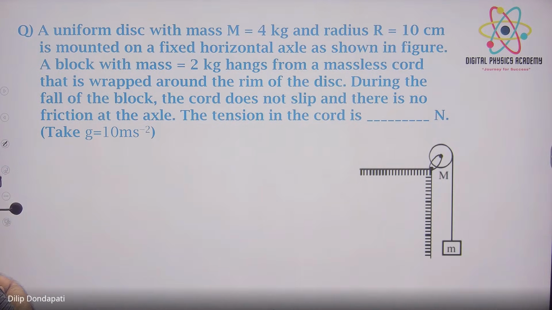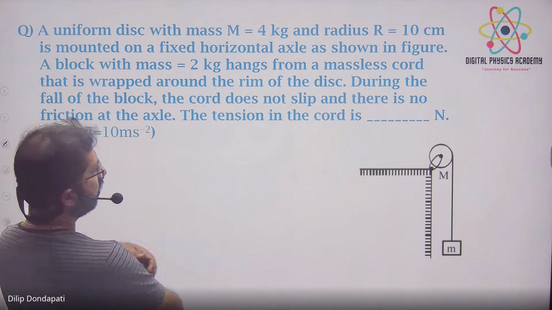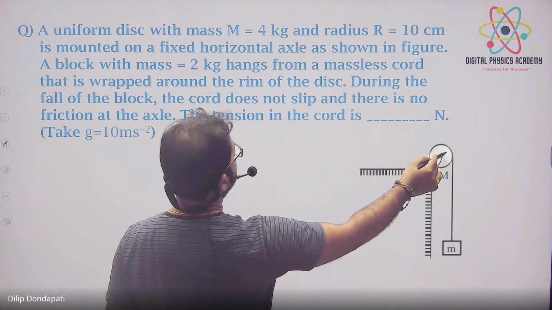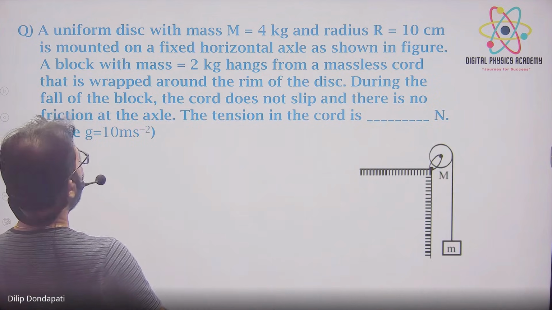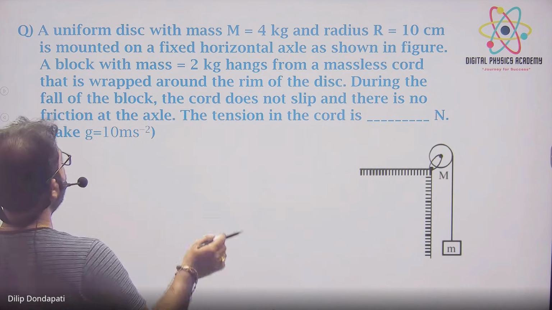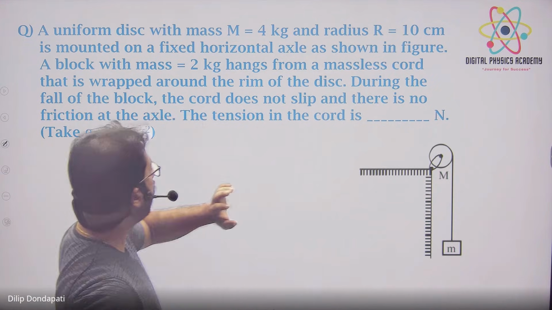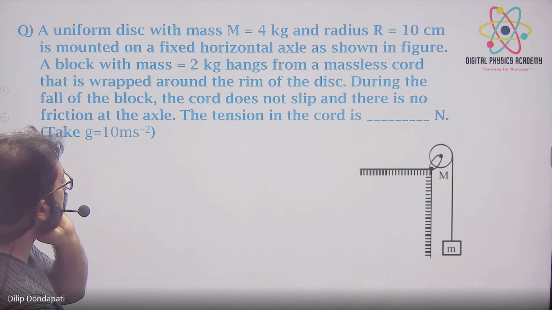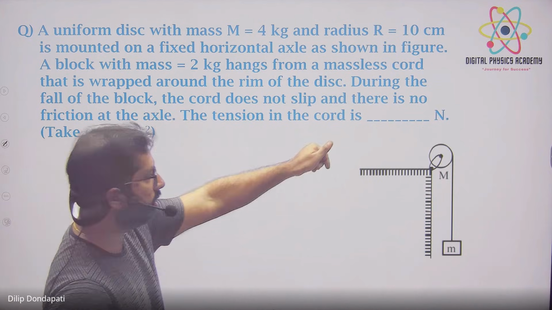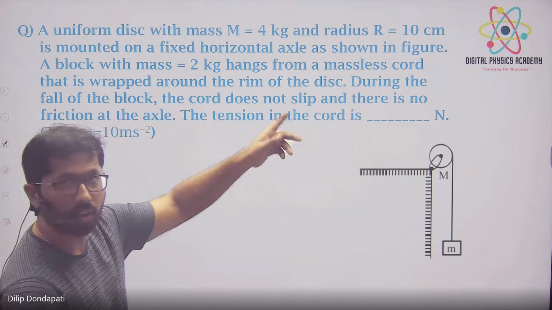A uniform disc of mass 4 kg and radius 10 centimeters is mounted on a fixed horizontal axle. A block of mass 2 kg hangs on a massless cord wrapped around the rim of the disc. During the fall of the block, the cord does not slip, so we can use the torque equation also.